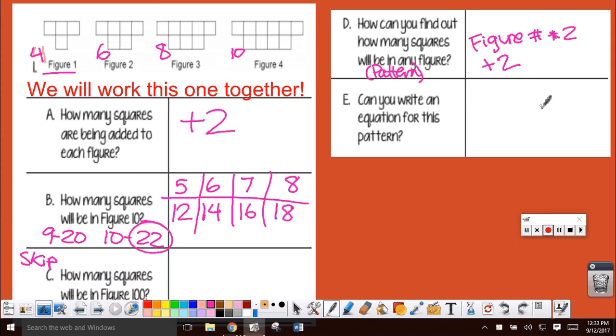That's a description, right? So we're going to say x and y. Okay, what is x going to be equal to? The figure number. So x equals the figure number, and y equals the, what do you think? How many squares there are, right? Okay, number of squares.